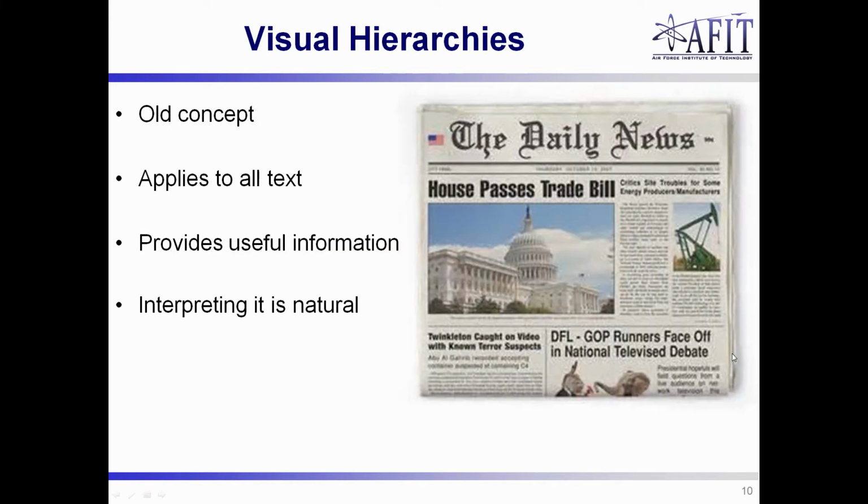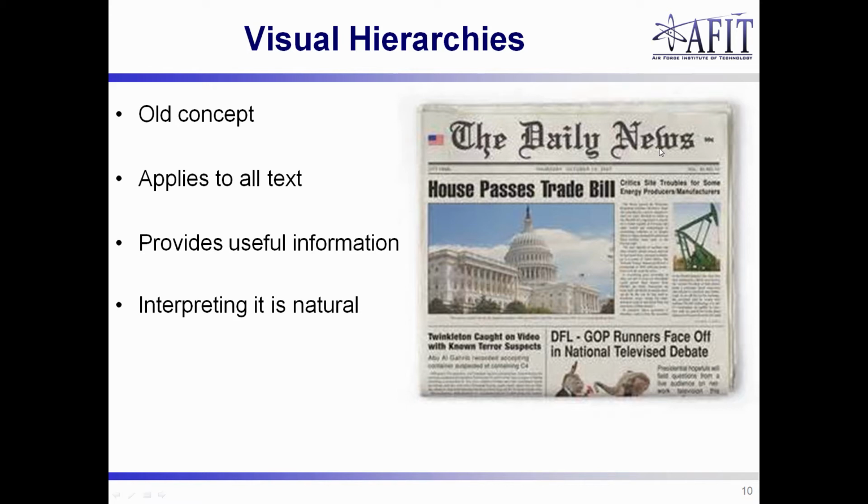Now, these visual hierarchies are actually a very old concept, and it applies to all text, not just to web-based text. So if we look here at an example newspaper, you'll see that we use that first principle of the more important something is, the more prominent it is.